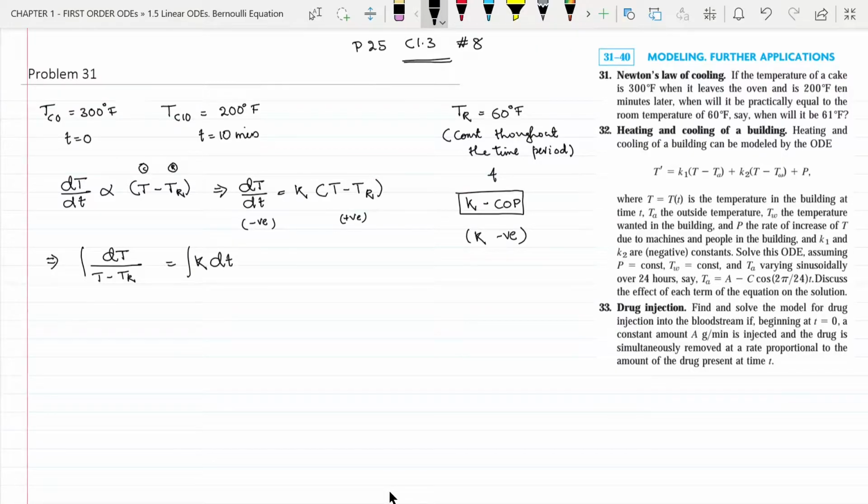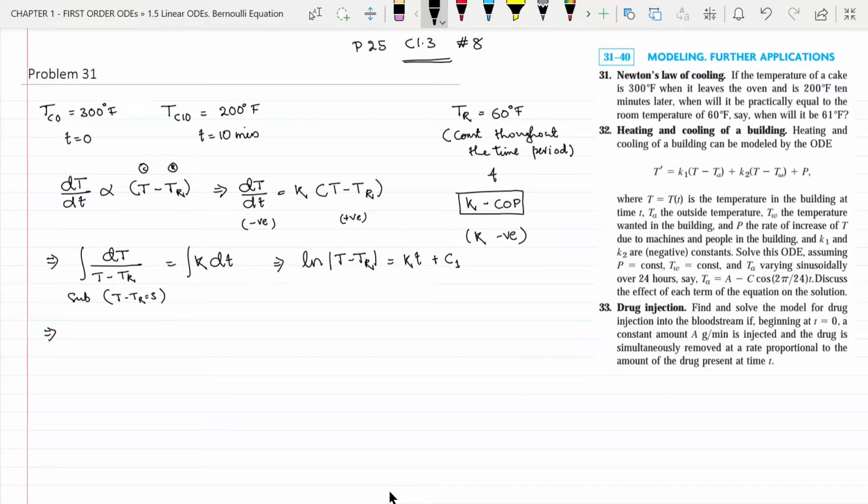This gives dT by (T minus Tr) equal to k dt. Now we can integrate both sides, substituting T minus Tr equal to s for the left hand side, which gives natural log of (T minus Tr) equal to k t plus a constant of integration, say C1.